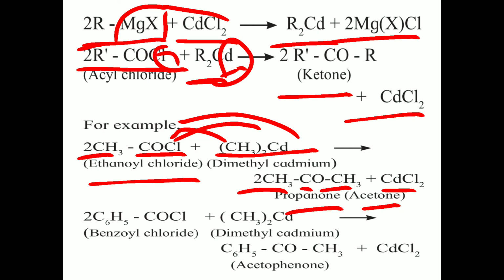Now another example is C6H5COCl, that is benzoyl chloride, which reacts with dimethyl cadmium to get C6H5COCH3, that is acetophenone, and again the same CdCl2, that is cadmium chloride.